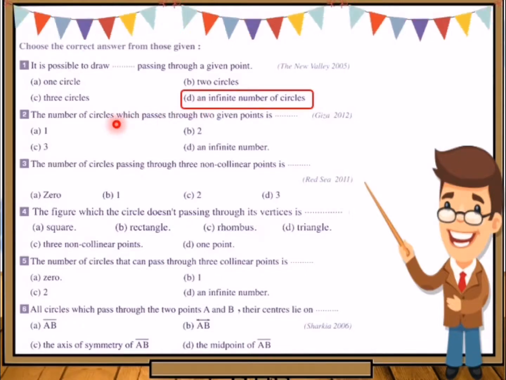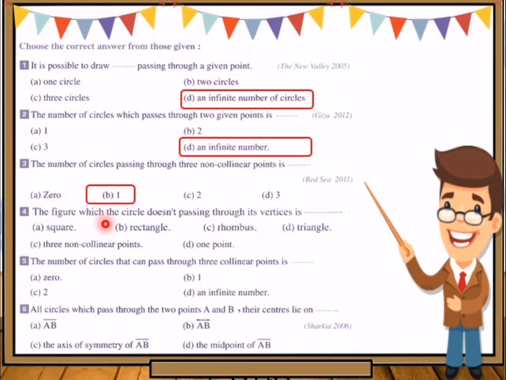Number 2, the number of circles which pass through two given points is an infinite number of circles. Number 3, the number of circles passing through three non-collinear points is one circle. We can draw one circle through three non-collinear points.